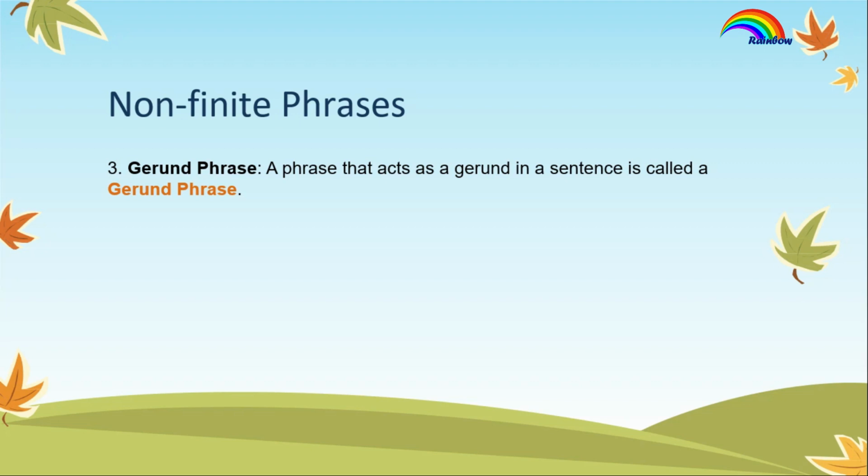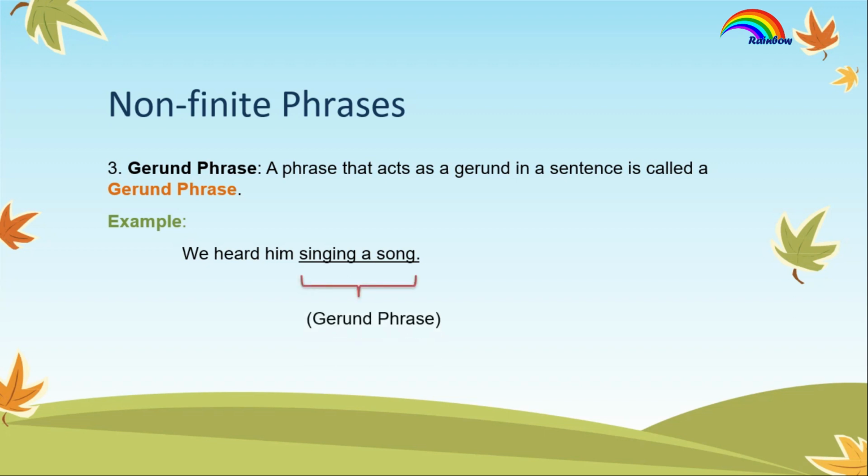Gerund phrase. A phrase that acts as a gerund in a sentence is called a gerund phrase. Example: We heard him singing a song. Here, the gerund phrase is singing a song.